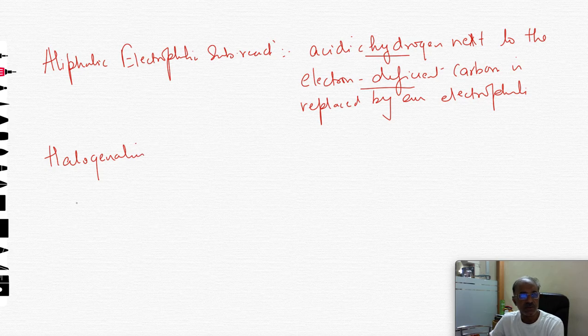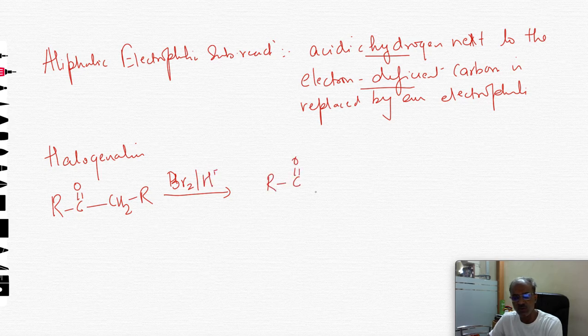Right. Now take for instance, R C double bond O, dash CH2 R dash. This on treatment with Br2 in the presence of an acid leads to the formation of RC double bond O, dash CBr2 and R dash.